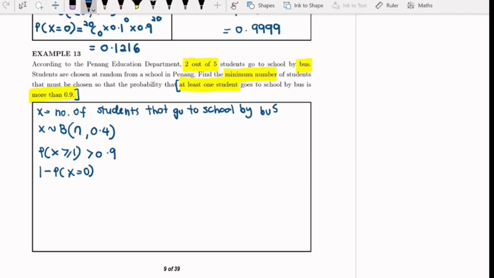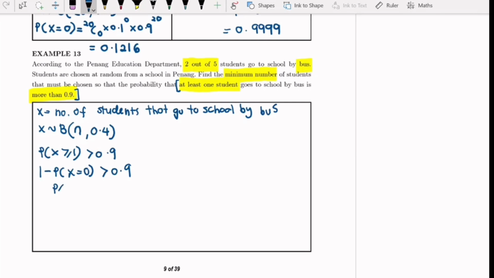We change x greater than or equal to 1 to 1 minus P(x equals 0), because we want from 1 up until n, and we don't want x equals 0. So 1 minus P(x equals 0) greater than 0.9.